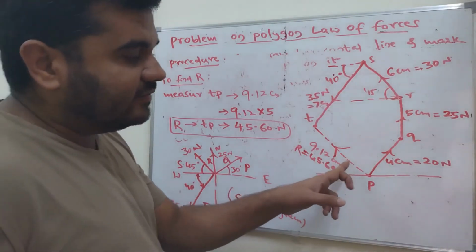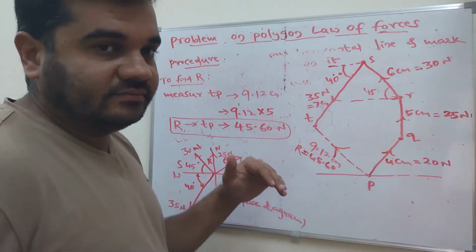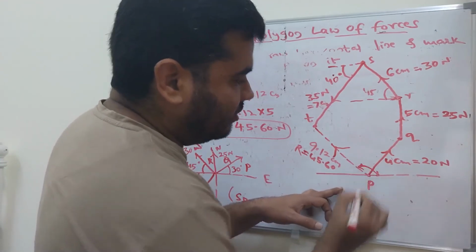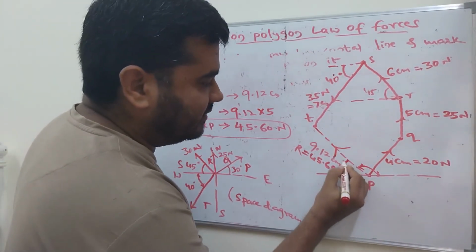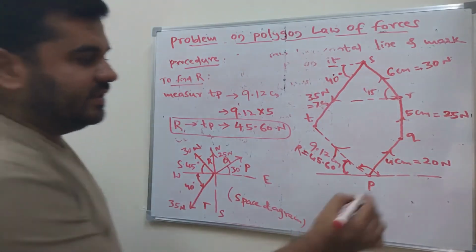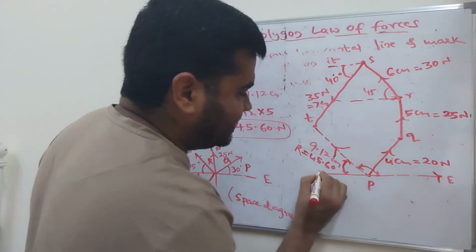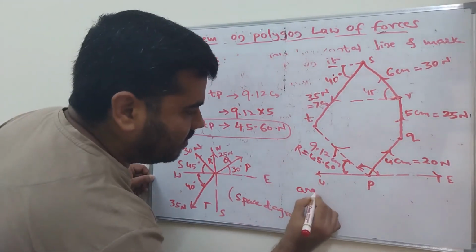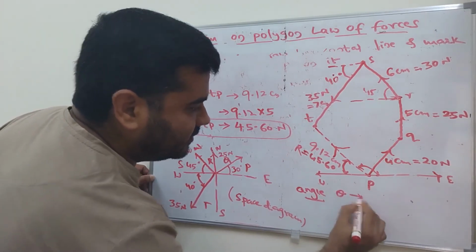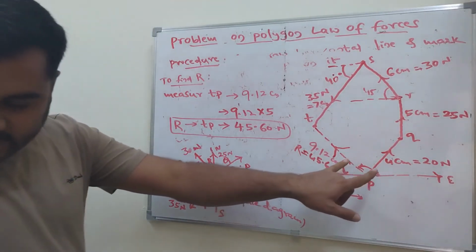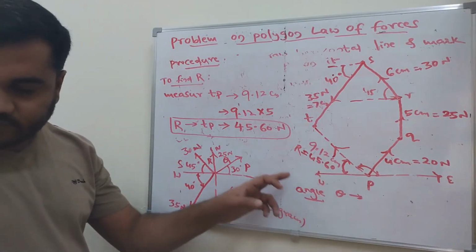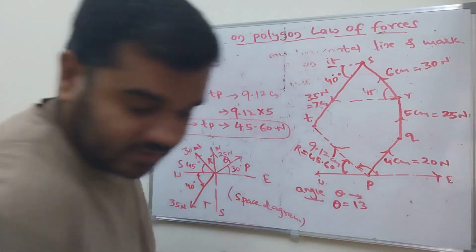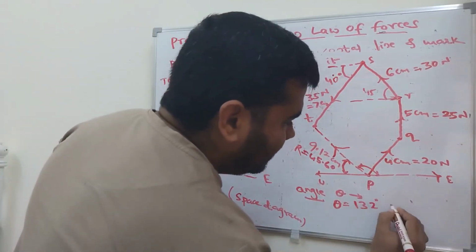Now, what is the angle of this resultant with respect to the horizontal? Take the protractor and measure the angle. You can measure this angle or you can measure this angle. Okay. This is east, right? This is east and this is west. Now the angle is theta. After measuring, from east, theta equals 132 degree with east.